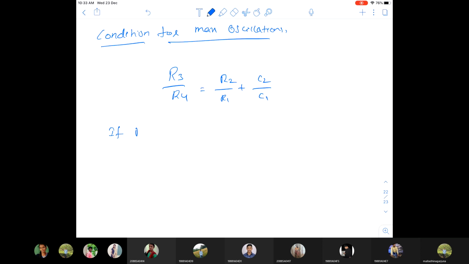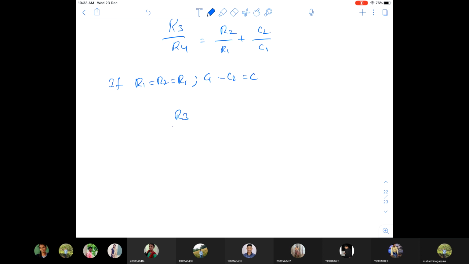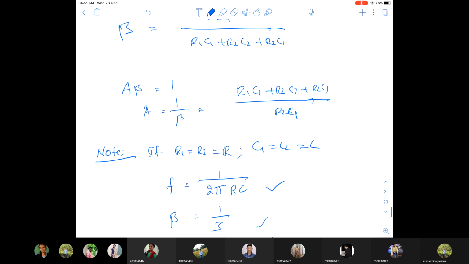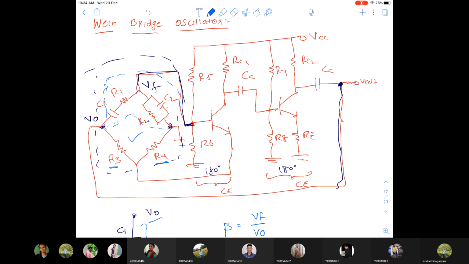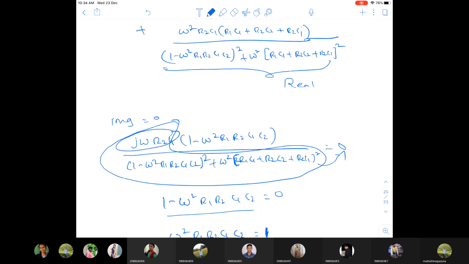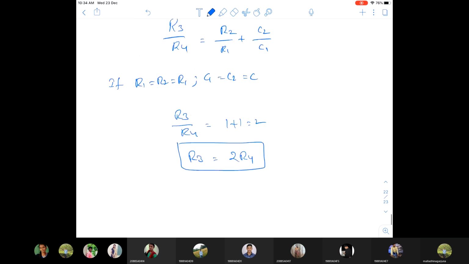If R1 equal to R2 equal to R, C1 equal to C2 equal to C, then R3 by R4 equals 1 plus 1, so R3 equals 2 times R4. If R1 equals R2 and C1 equals C2, R3 equal to 2 times R4 must be maintained. If you maintain that, the overall phase shift will be 0 and you will get maximum oscillations.